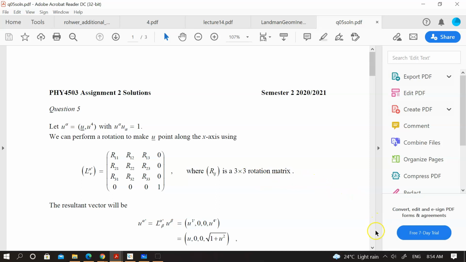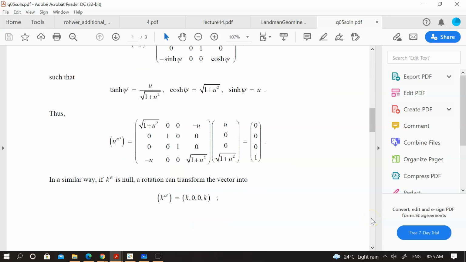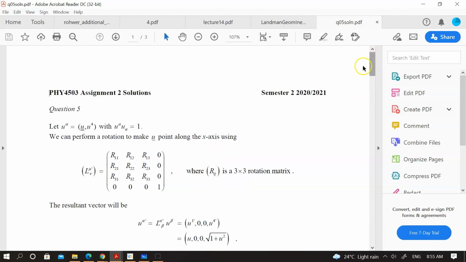Doctor, the question states that if UA is a unit time-like vector, so that's why for the first line you wrote UA equals 1, right? However, if you scroll up, could I share my screen? I feel like it would be easier.